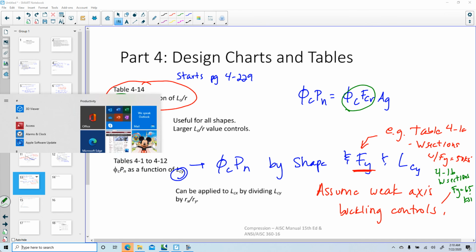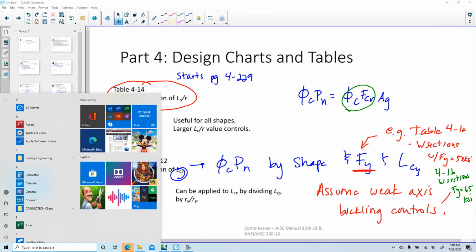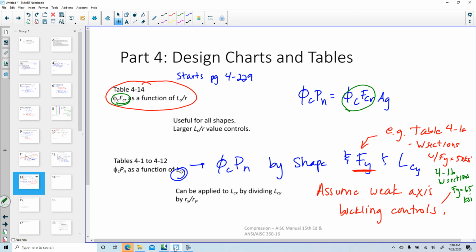If we have A913 65, that has a yield stress of 65, use table 4-1B. So, okay, make sure you're in the right table.